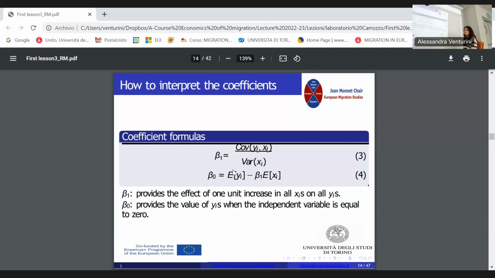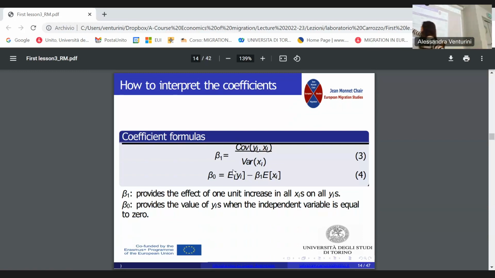I take the average age, let us say 18, I multiply this by the coefficient, and I take it off from the average height. This is the intercept. This is a technical point, but you understand intuitively the line.